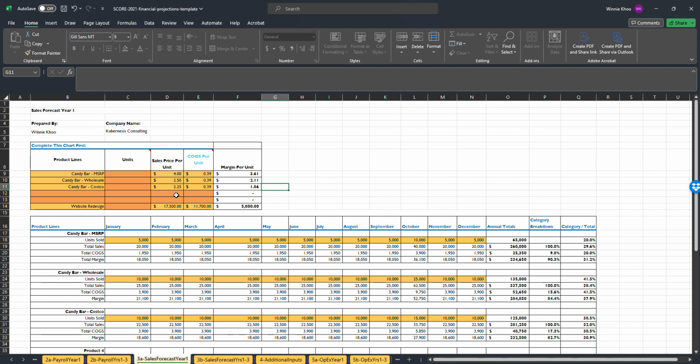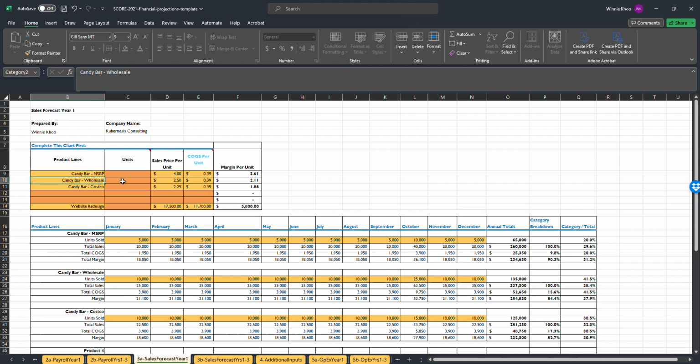So I have here 3 different examples. The first one is MSRP, or manufacturer suggested retail price, and this is the price that the customer pays. So typically the D2C channel will use this MSRP price.